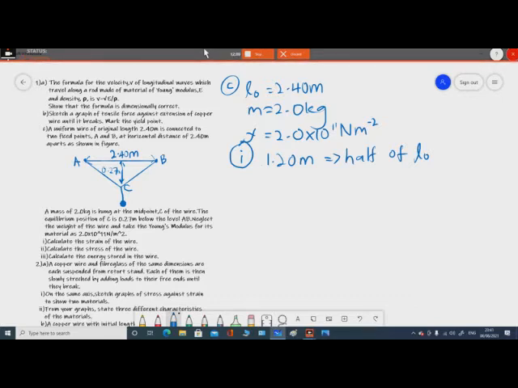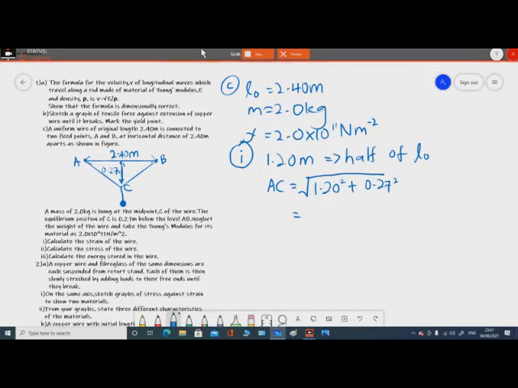From the level AB to point C is 0.27. So we can find AC by using the Pythagoras theorem: 1.20 square plus 0.27 square.